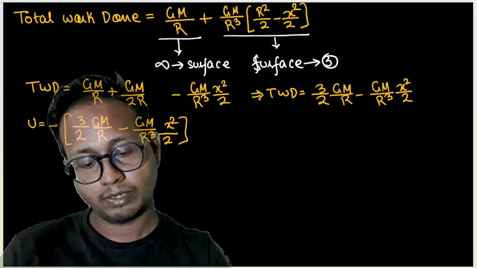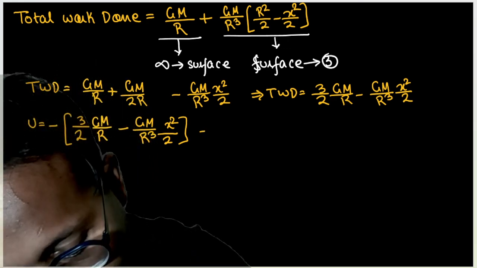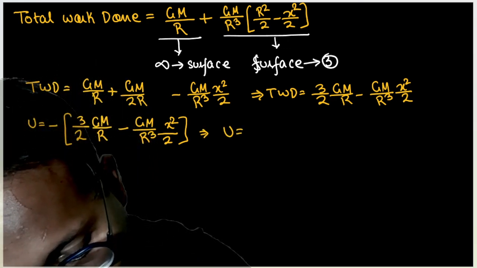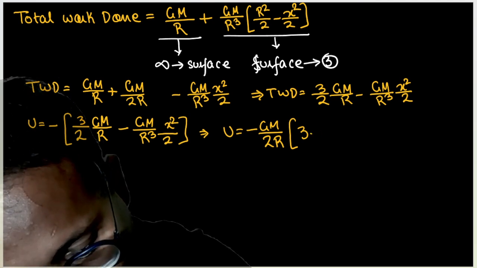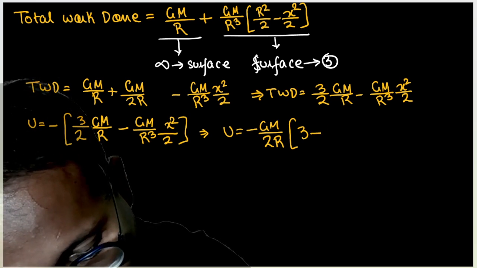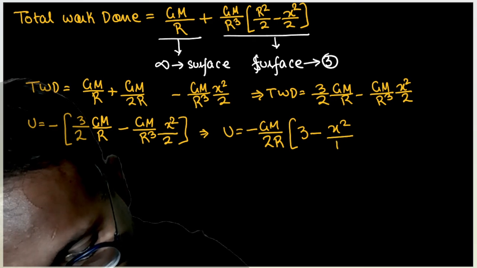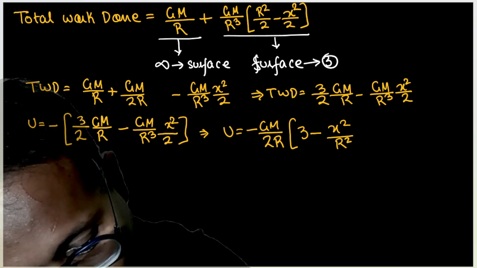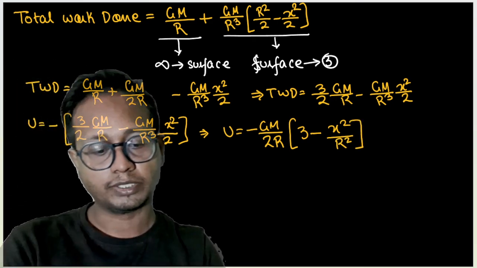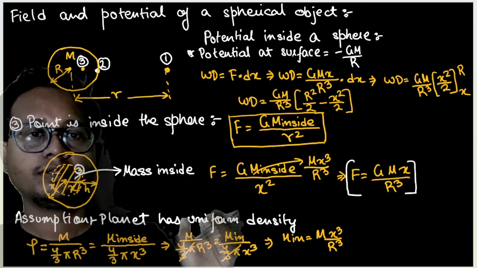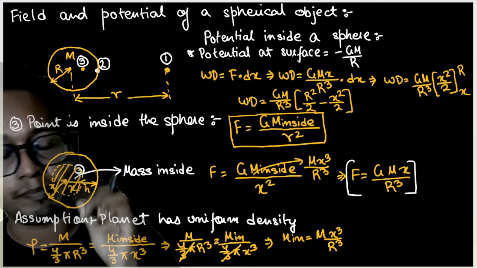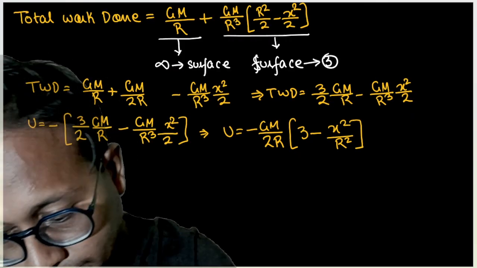Now if you take GM by 2R common, so minus GM by 2R into 3 minus x square by R square. Okay, so this is our formula for potential inside the planet. So if anyone asks to find out the potential inside the planet, this is the formula that you have to use.